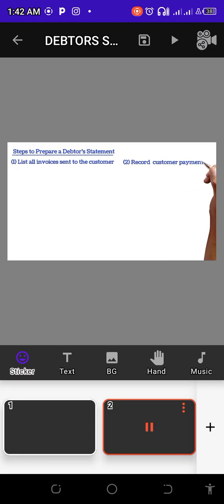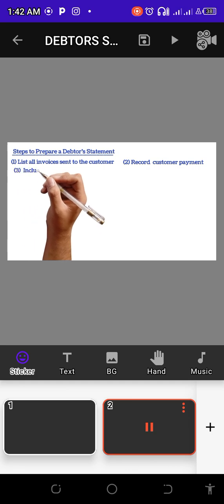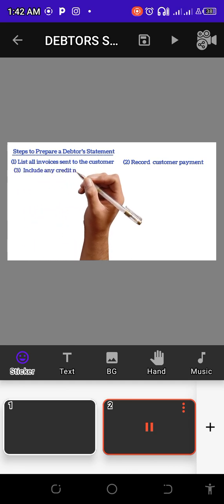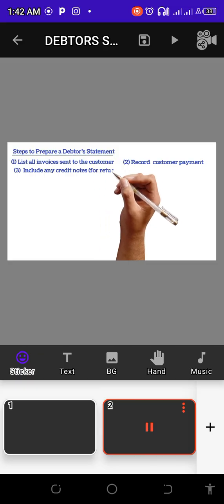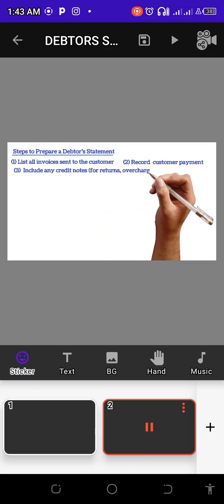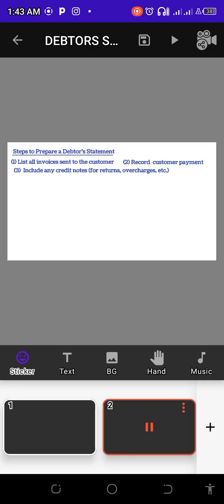Third, also record credit notes, returns, and overcharges or undercharges. These are the steps you will adopt when you want to prepare a debtor statement of accounts.